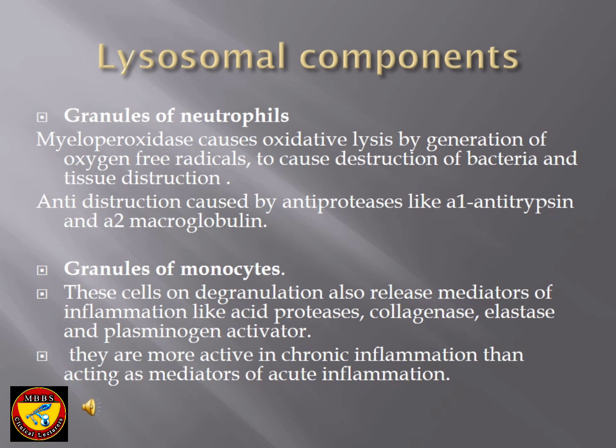These myeloperoxidases are stored in the granules of neutrophils, in primary, secondary and tertiary granules. And as you remember, the granules of neutrophils are azurophilic, both pink and purple coloration, right? So these granules contain myeloperoxidases.